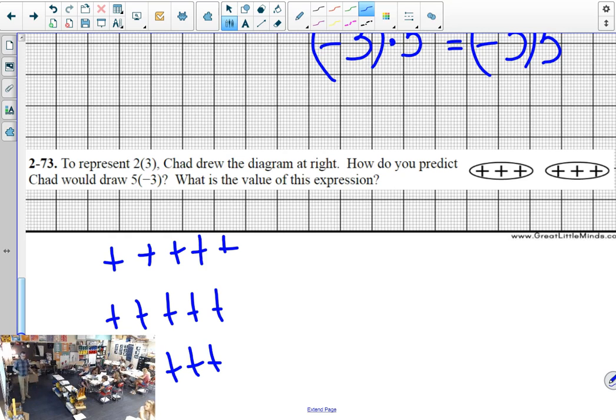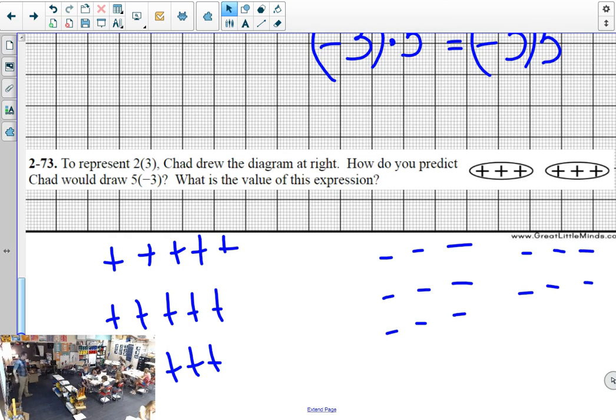No, no. Don't ever trust what I'm writing up here until I bring your attention back. Just things to think about. Okay, well, if you get two groups of the three positive signs, then you get five groups, three negatives. What's that?